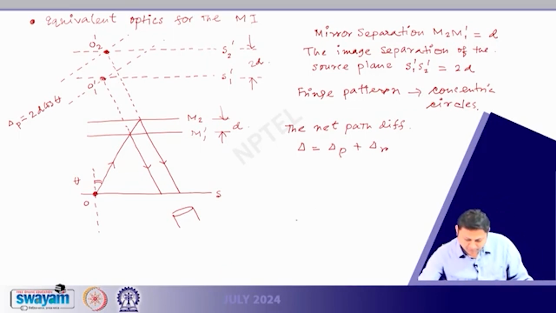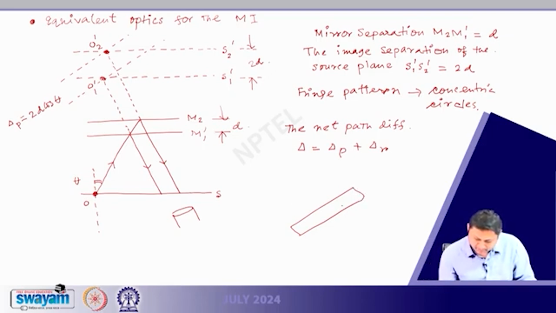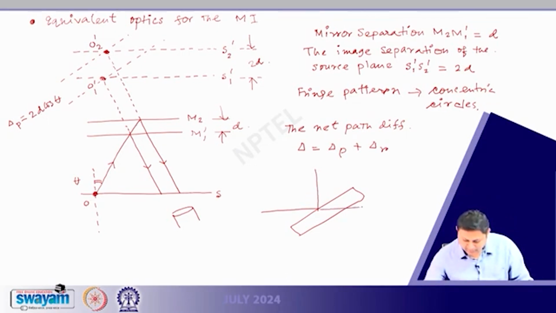So, let me draw that once again, how this relative path difference is there. So, that was the structure of the beam splitter, and in one case the ray is falling here, it is reflecting like this, and in the other case it is transmitted and reflected back.